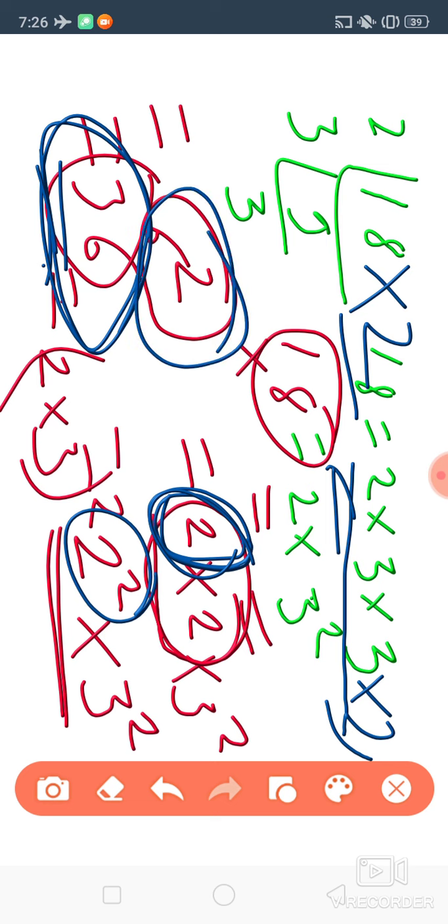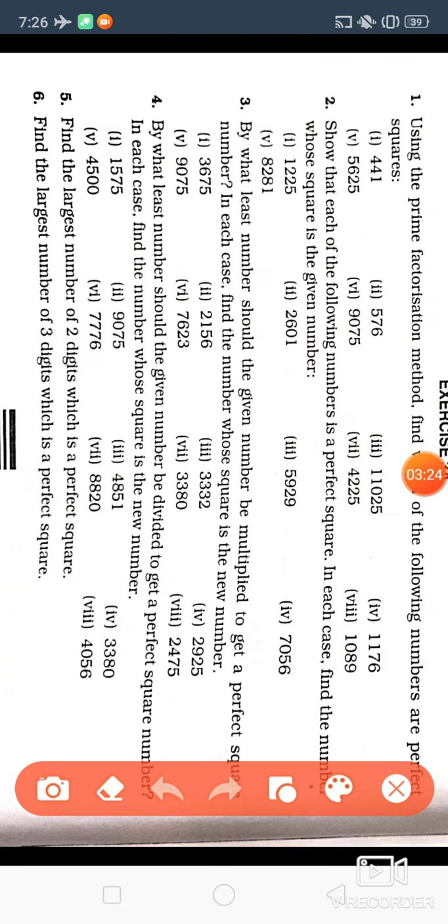This way you have to do the rest of the questions. Now come to question number 3 (i): 3675. By what number should it be multiplied so that it becomes a perfect square? We'll see by prime factorization.